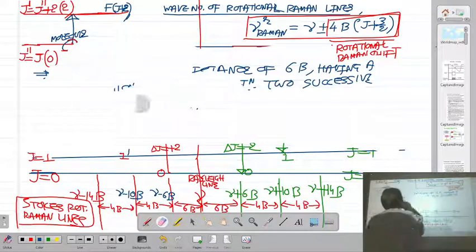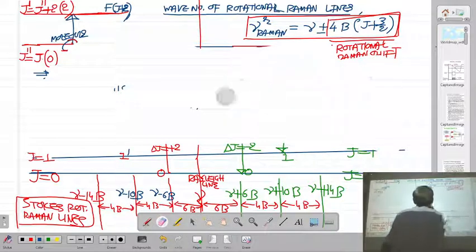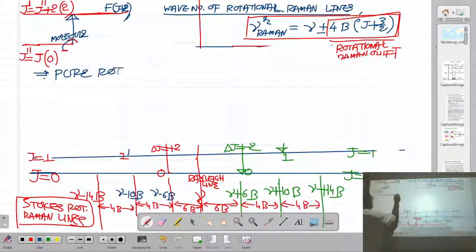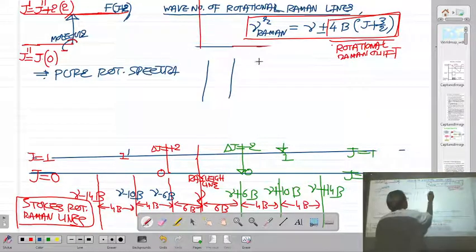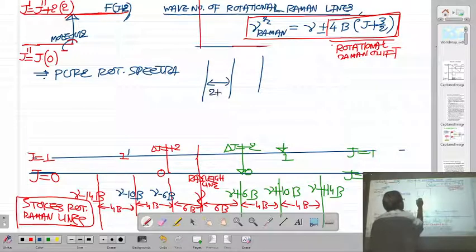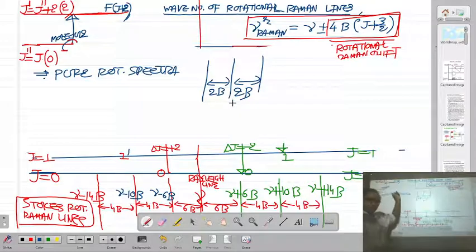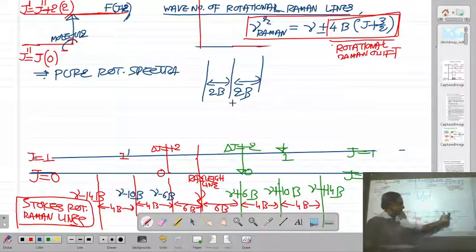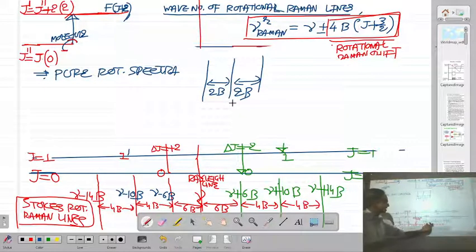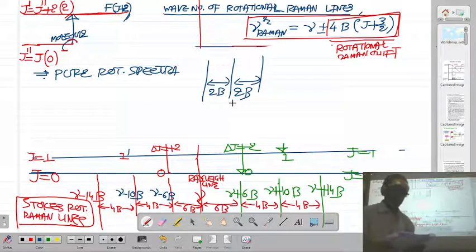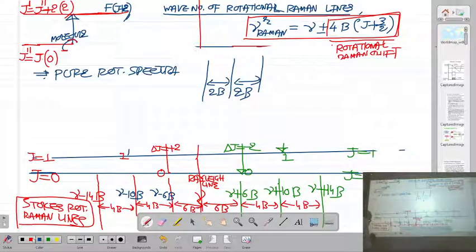To study rotational spectra, remember, not Raman spectra but pure rotational spectra, the separation between the rotational lines was 2b, right? In pure rotational spectra the separation was 2b, but here it is 4b. So this separation is double the separation of the rotational lines obtained in the pure rotational spectra. That is an important point to mention.